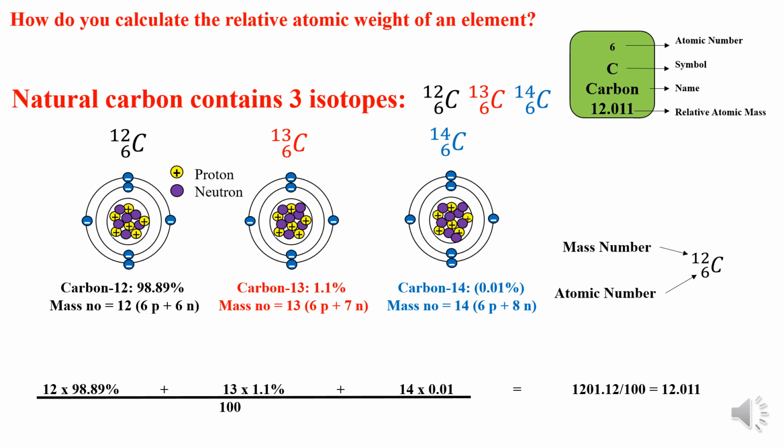So now you know why the relative atomic mass of an element is in decimals, not in whole numbers. It is due to the contribution of different isotopes of that particular element in the periodic table. And this is how you calculate the relative atomic weight of an element.